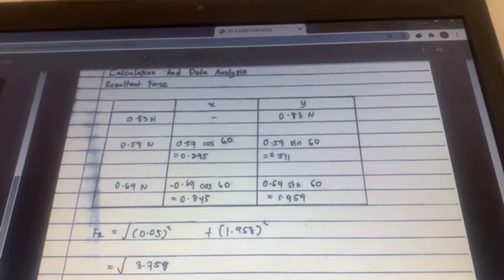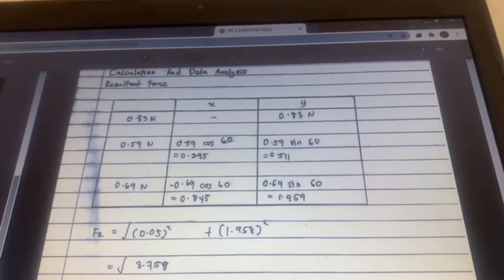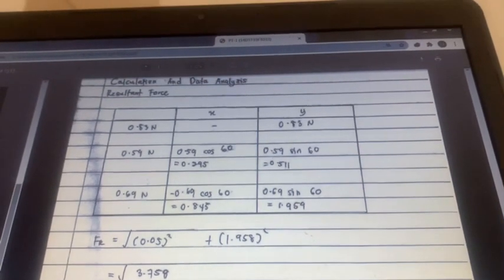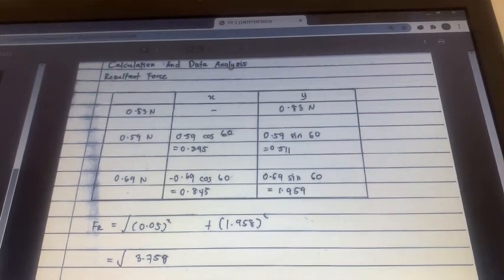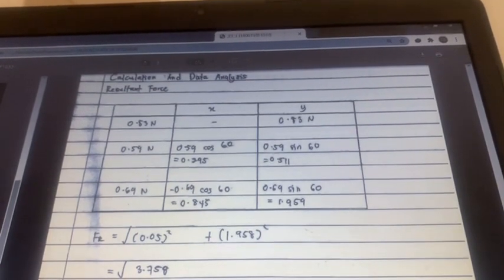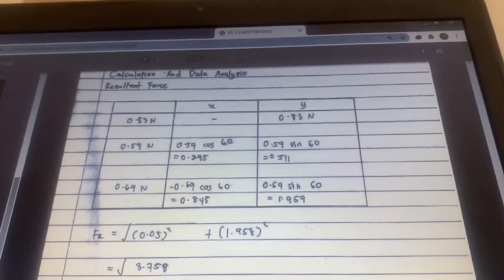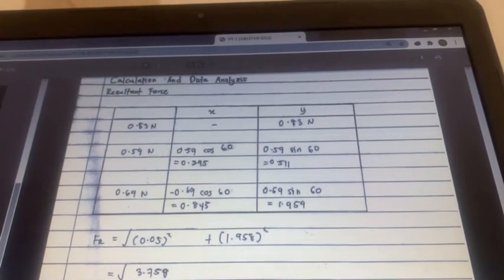For 0.69 Newton, X is negative 0.69 cos 60 equal to 0.845, and Y is 0.69 sin 60 equal to 1.959.